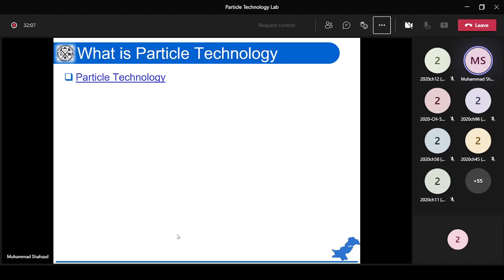Then there comes the third main ingredient, that is gypsum. What do we get from gypsum? What is the composition of gypsum? Can anyone tell me?